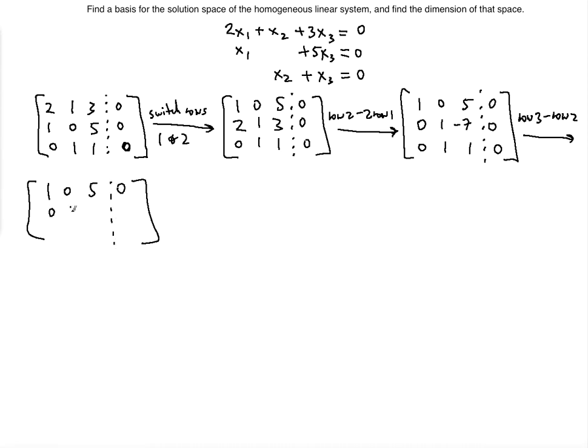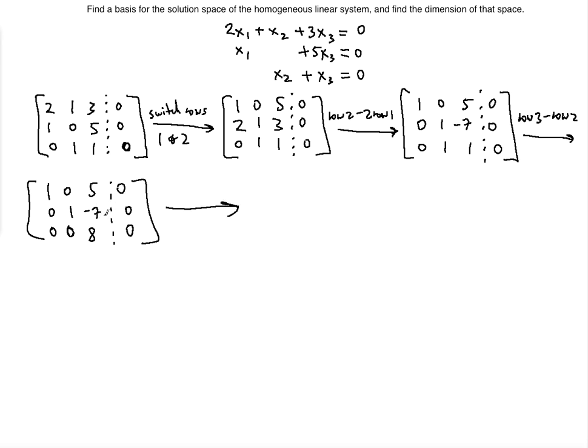The second row is also untouched. The third row: 0, 0 minus 0, 1 minus 1 is 0, that's what we want. Then 1 minus negative 7 is 1 plus 7, that's 8. And then 0. Now one more operation and then we have reduced row echelon form.